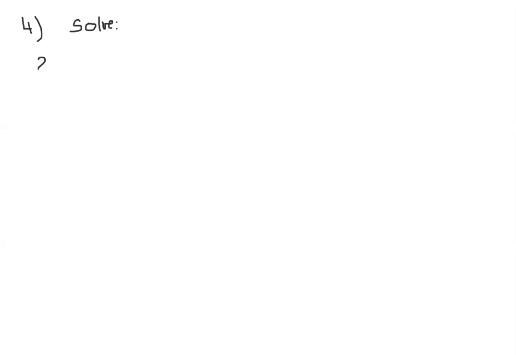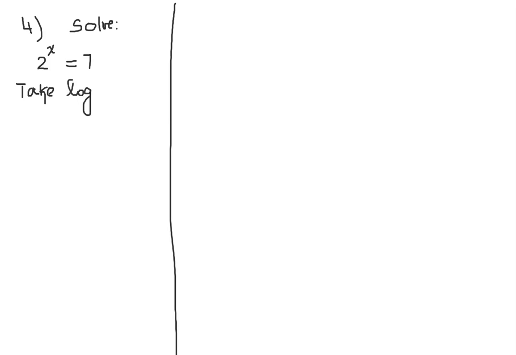So we have 2 to the power x equal to 7. Now I can't write 7 in terms of 2, because this is an even number and this is an odd number. We cannot raise the power. So in this case, we have to take log on both sides. You can take log or ln on both sides.